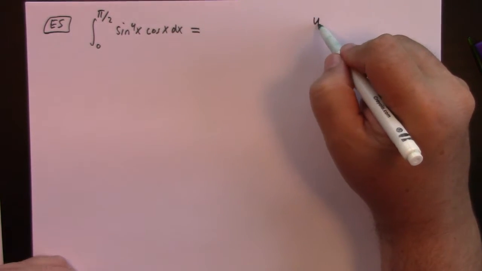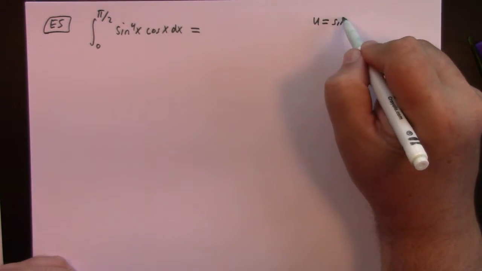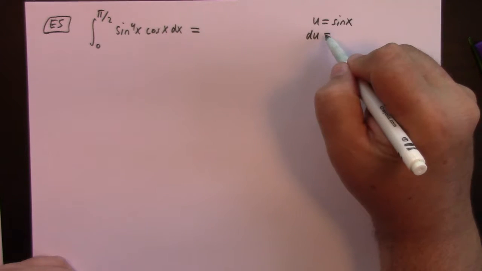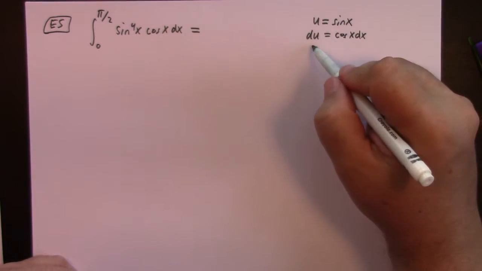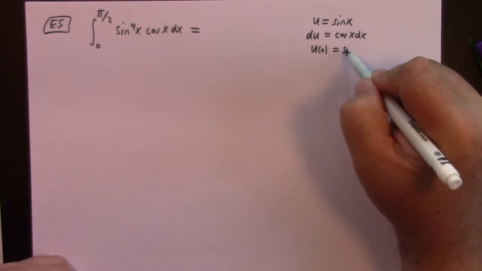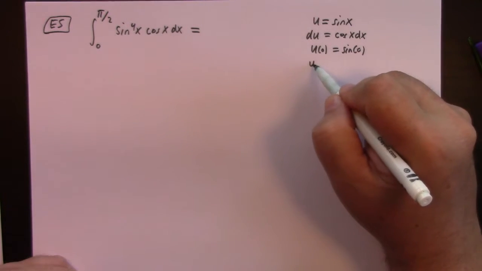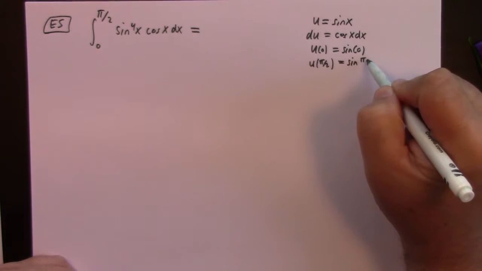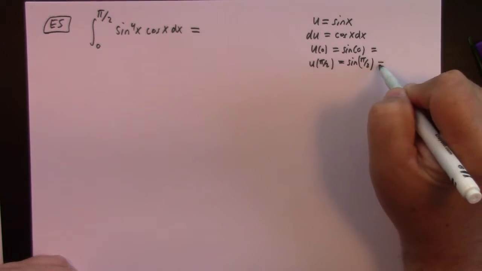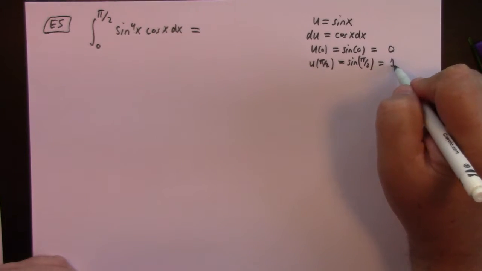So this time we're going to let u equal sine x. That makes du equal cosine x dx. Change our bounds. u of 0 is sine of 0, u of pi over 2 is sine of pi over 2, right? Sine of 0 is 0, sine of pi over 2 is 1.